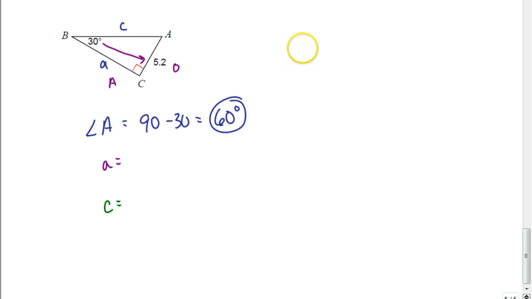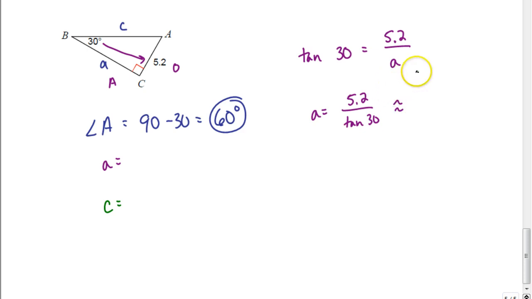So I'm going to use the tangent of 30, which is going to equal the opposite, which is 5.2, over my adjacent leg, which is side A. So to figure out what A is, we swap those two, so it's going to be 5.2 divided by the tangent of 30, which, if you round that to the nearest tenth, you get 9 as your answer. So that's how we get that answer of 9.